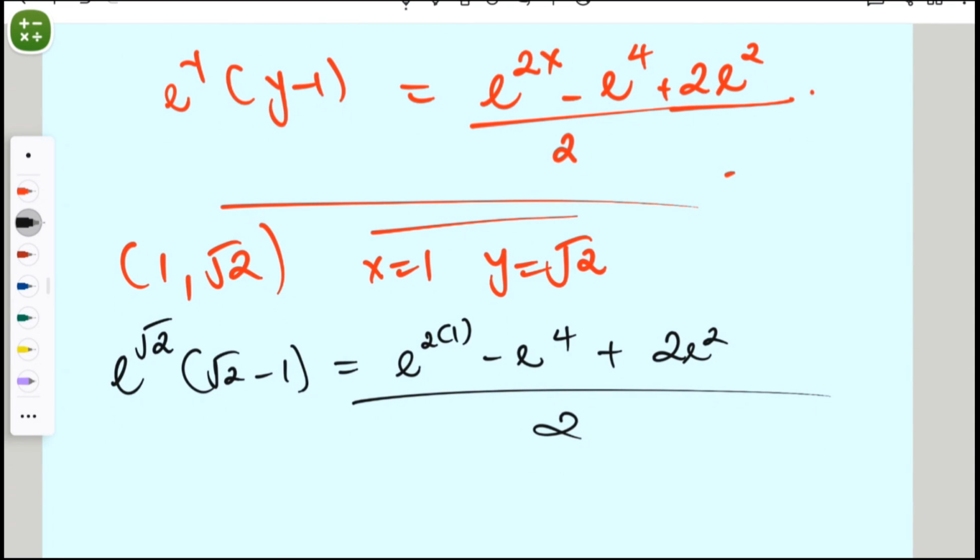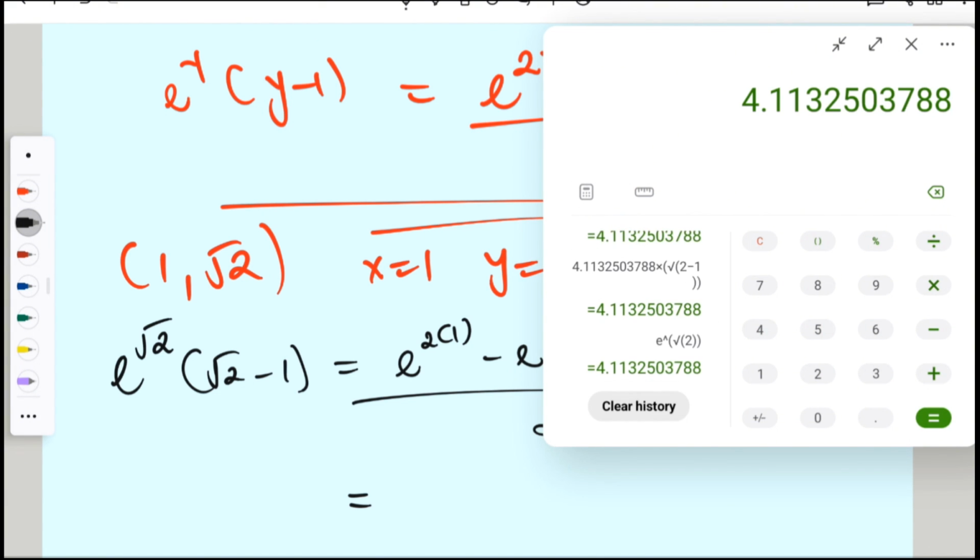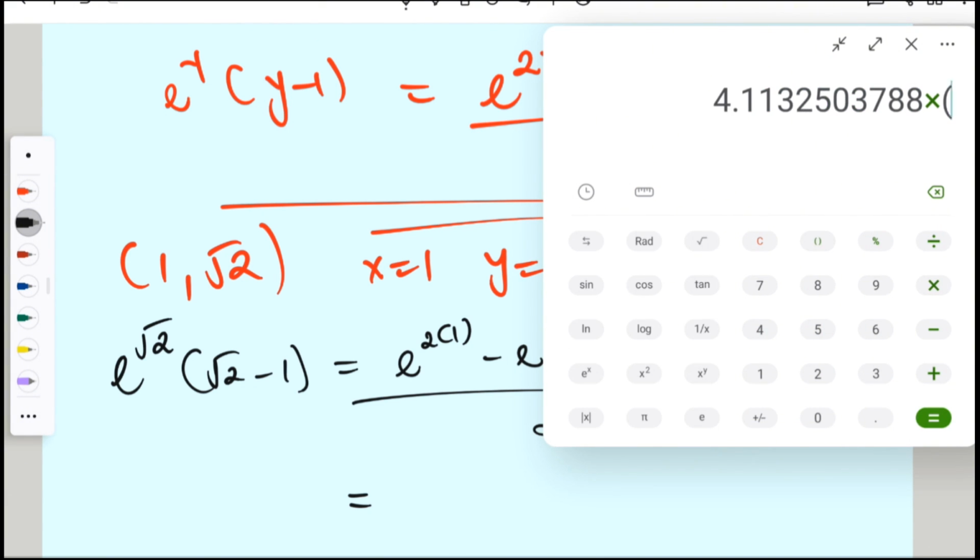Okay, use your calculators, and if you plug this in, you would see that the left hand side would give you e squared times the square root of 2 minus 1, which is 4.11.